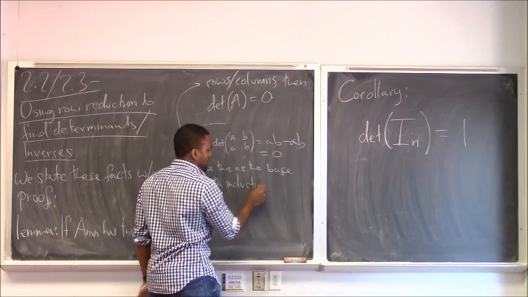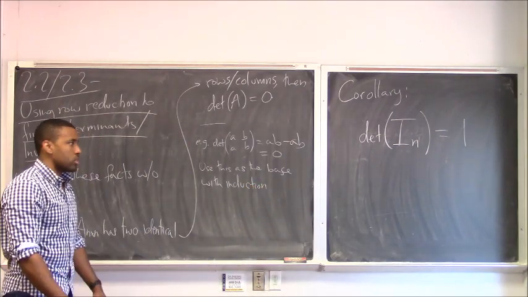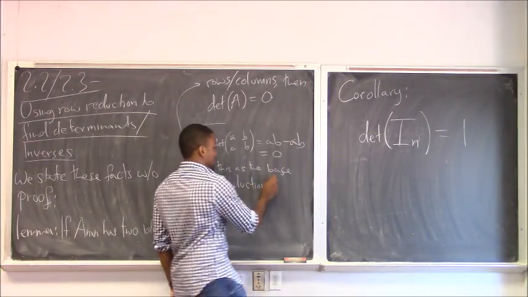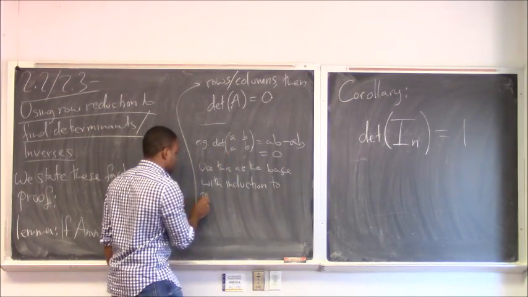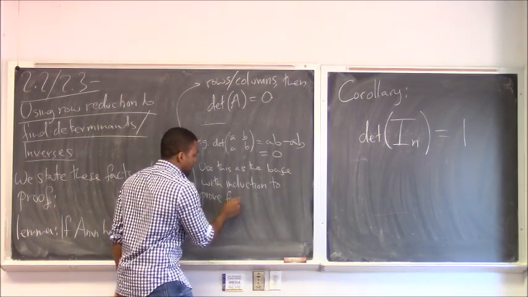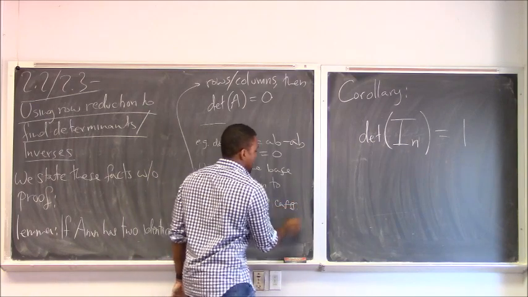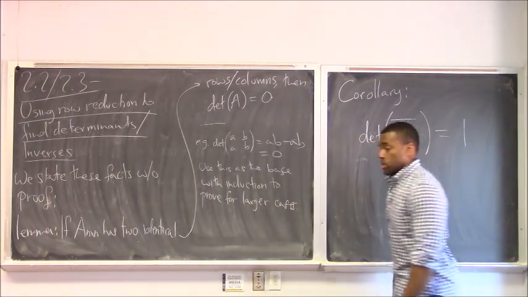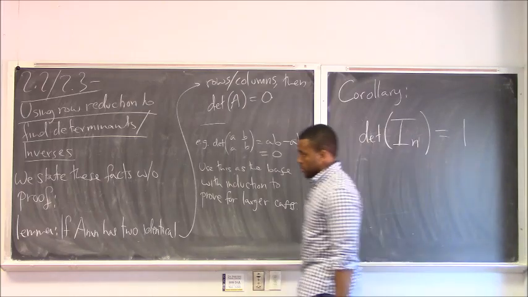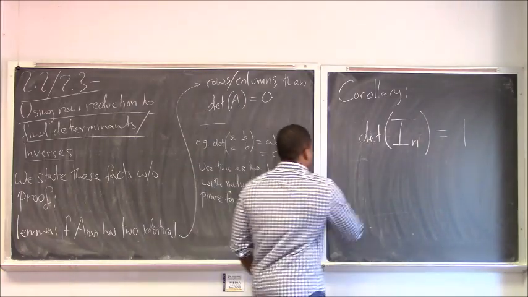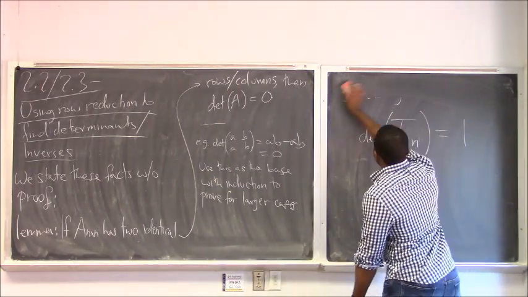I'm not going to do it, but I can describe to you how you want to do it if you want to verify it yourself. So that's a nice little fact as well. So once you have an identical row or column, your determinant is 0.